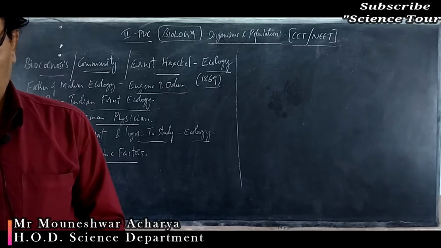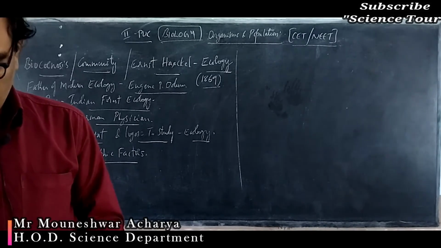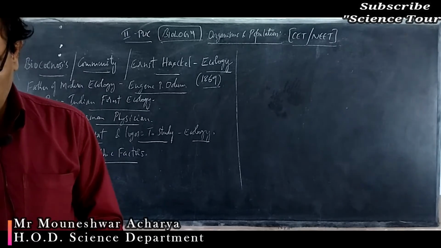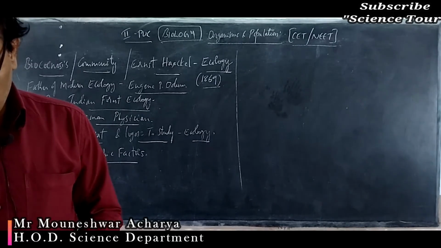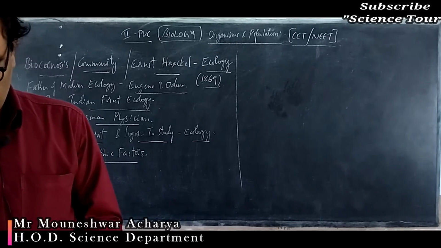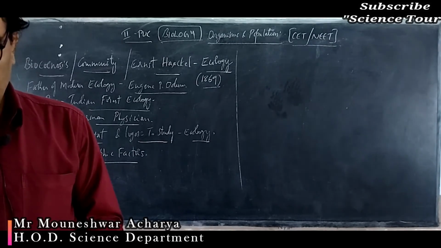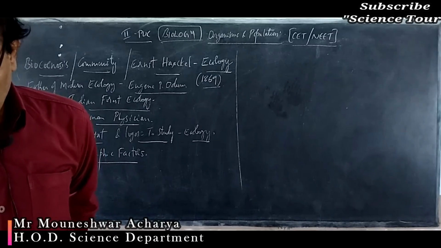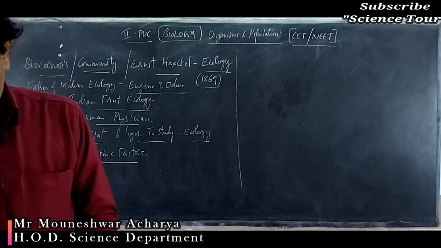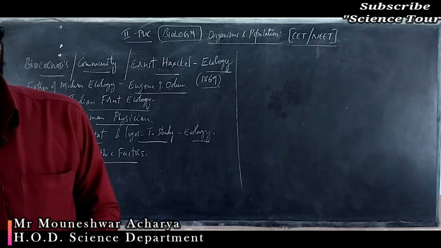In the inland water it is less than 5. Then sea water it is between 30 to 35. Then in hypersaline lagoon it goes greater than 100. So that is the right option, option 3.